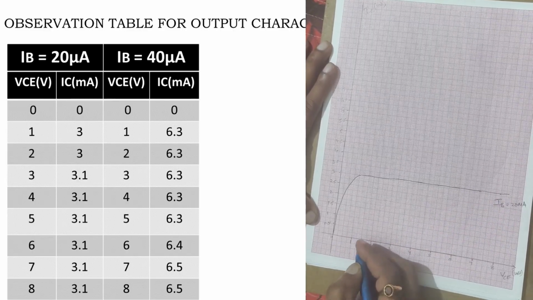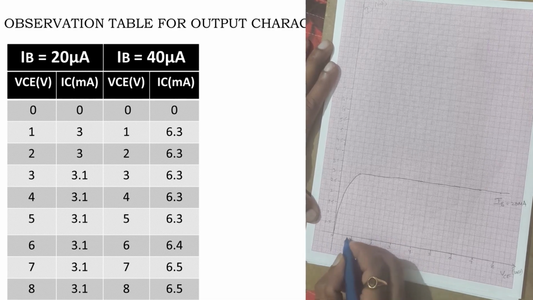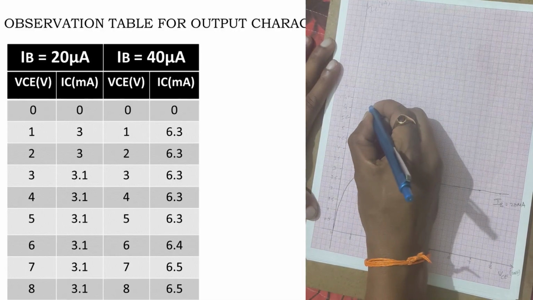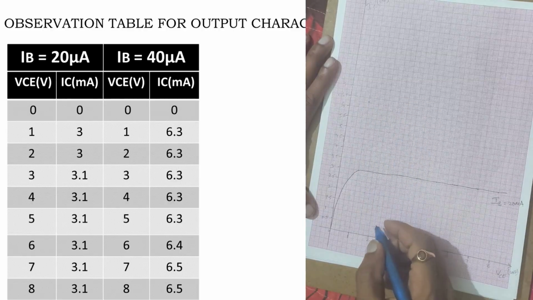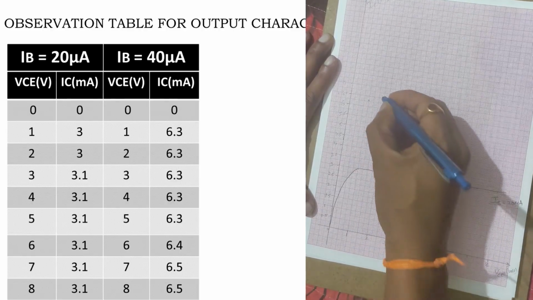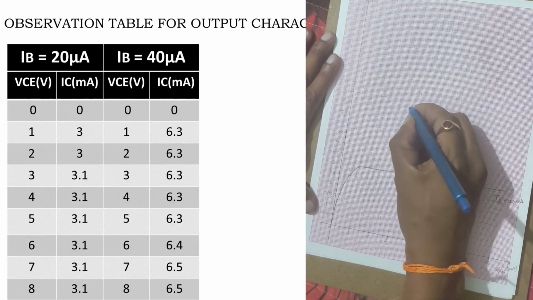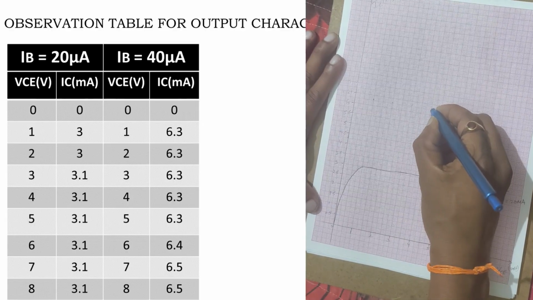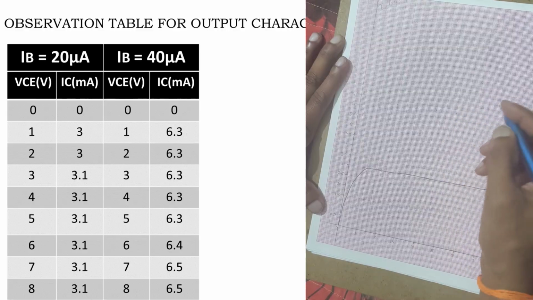Now for 40 microamperes, for 0 the value of current is 0. For 1 the value of current is 6.3, for 2 it is 6.3, for 3 it is 6.3, for 4 it is 6.3, for 5 volts the value of current is 6.3.